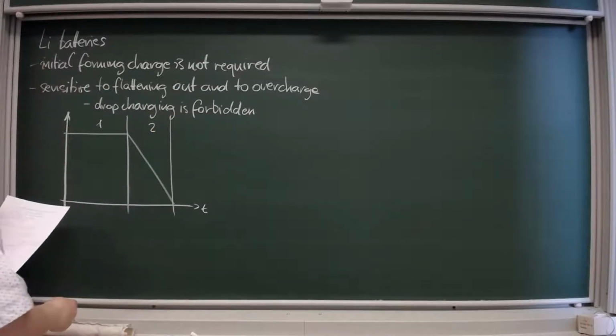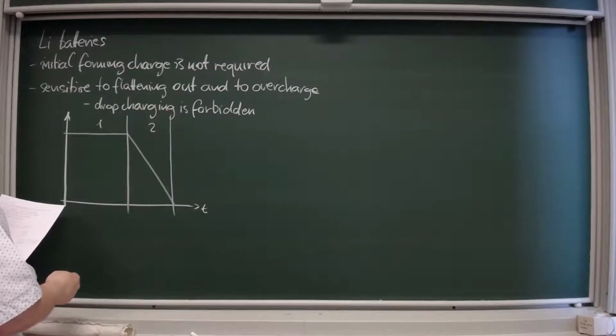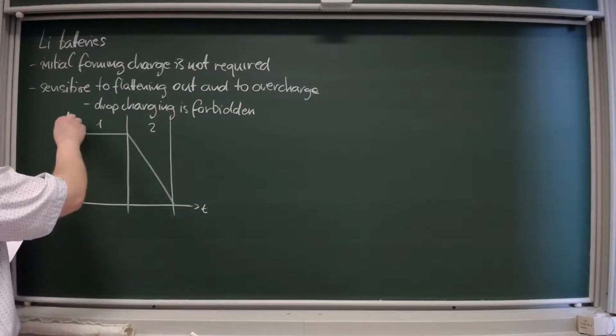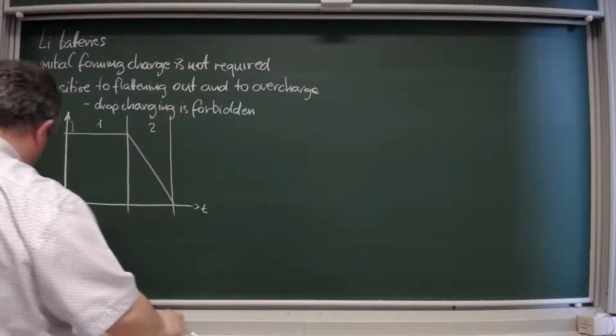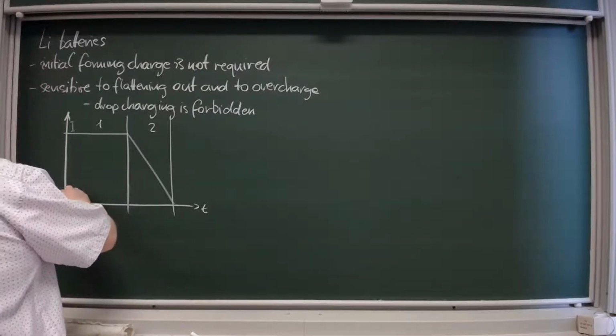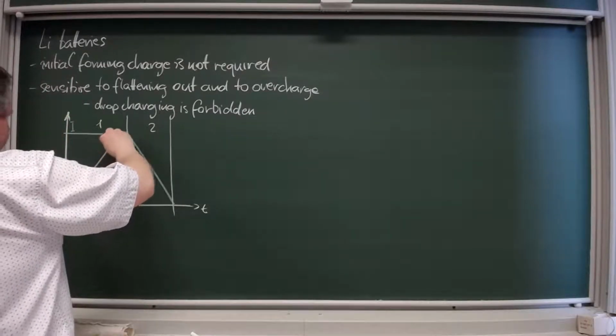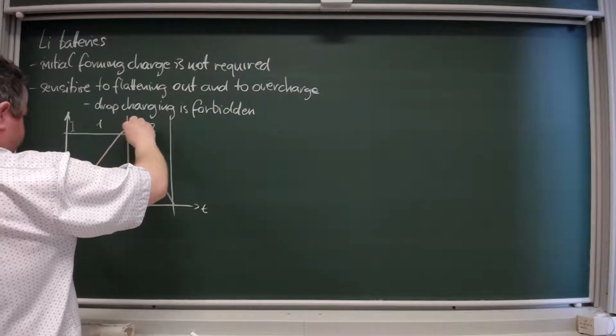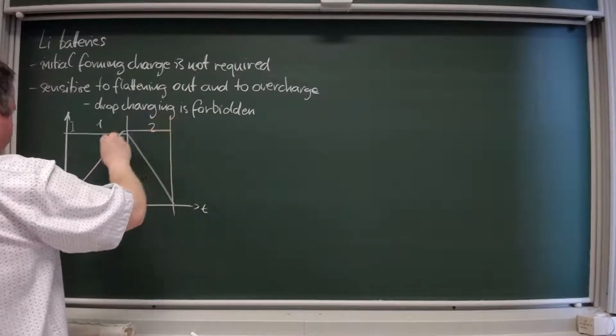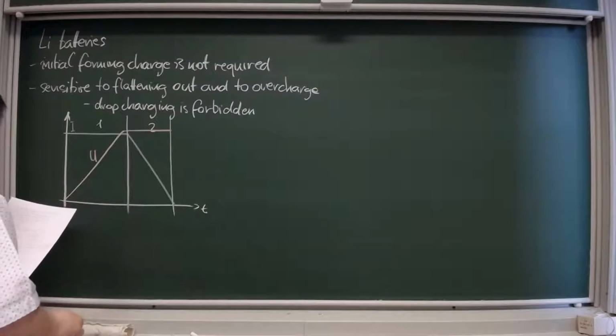And if you check the tension, this was the current I. And for the tension, you get an increasing ramp, and this was the tension U here.